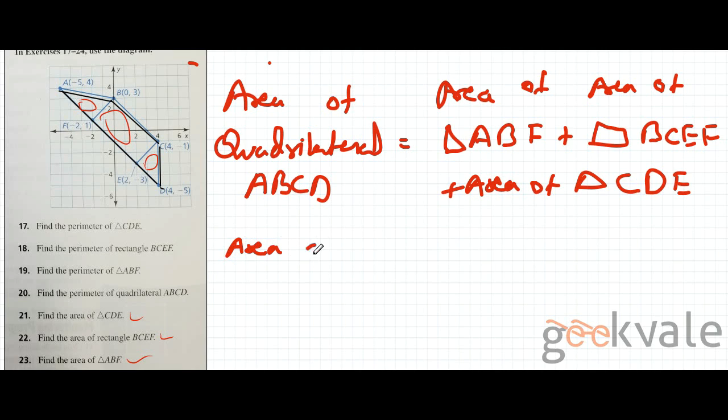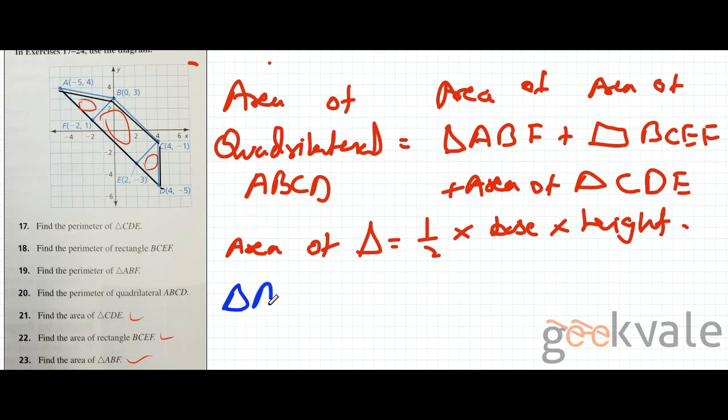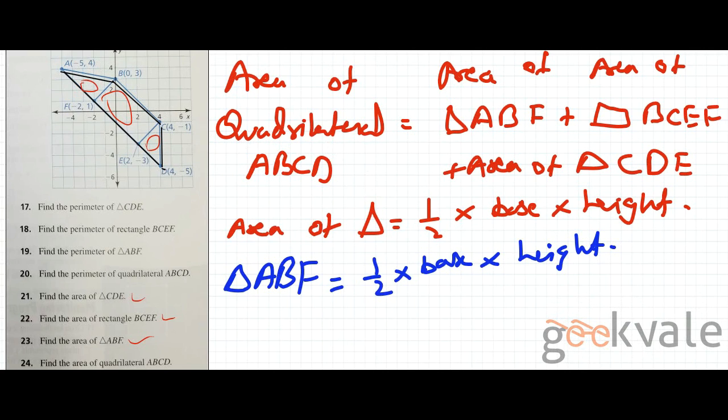The area of a triangle is equal to half times base times height. That's the formula for the area of the triangle. So we can say the area of triangle ABF will be equal to half times base times height, correct? Now what is the base of the triangle ABF? That's this triangle, by the way.